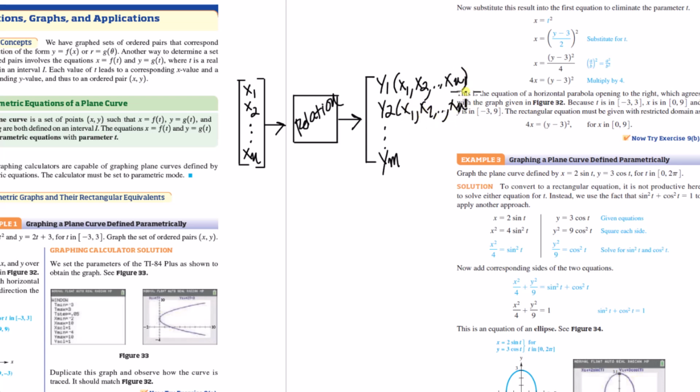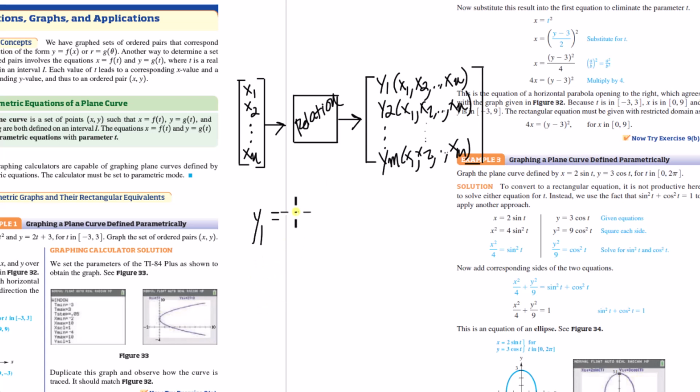Same thing with y2. You could replace y1 here with some expression of x1, x2 to xn. It doesn't have to actually have an x1 or x2 in it, but in general, you write it this way. Maybe that y1 is a constant, just 3.